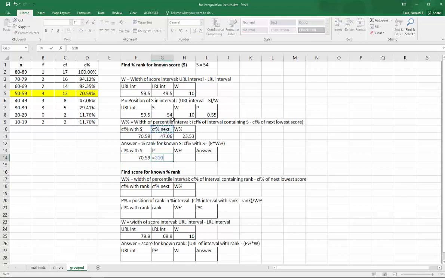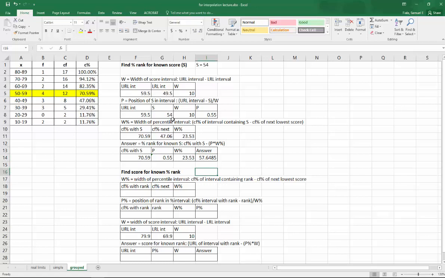P we calculated as 0.55. The width of the percentage we calculated as 23.53. So the answer is equal to score minus P times W percentage. Okay, 57.648 percentile. So 54 is somewhere above the median.